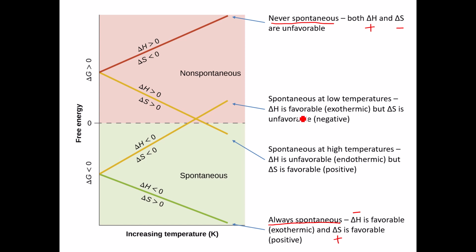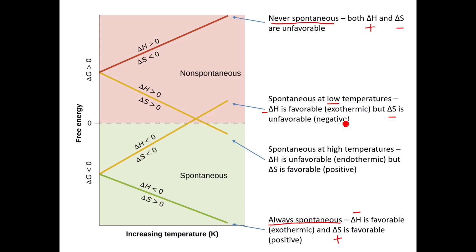The other 2 possibilities are temperature dependent. So having one favorable and one unfavorable characteristic means that your spontaneity is temperature dependent. So I can have a favorable delta H, meaning negative, but a negative delta S, which is unfavorable, and that would indicate spontaneous at low temperatures.